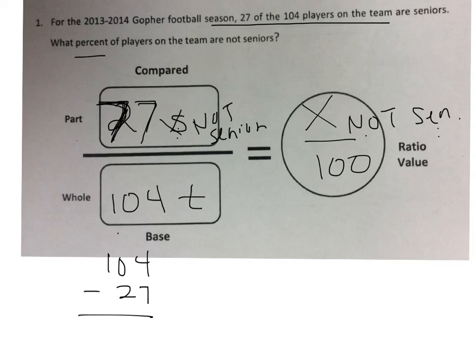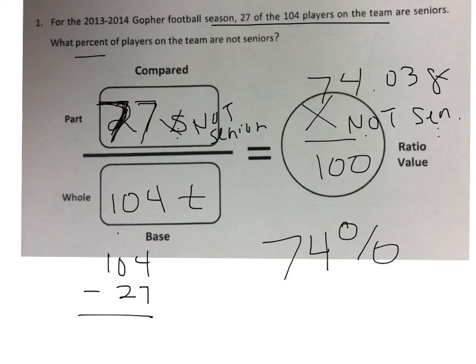So 77 times 100 equals 7,700, and then you're going to divide by 104. Oh, that's going to be a decimal. So it's 74.038. A part of a person doesn't really make sense, so we could round that to 74. So 74 out of 100, which would say the team has 74% not seniors.